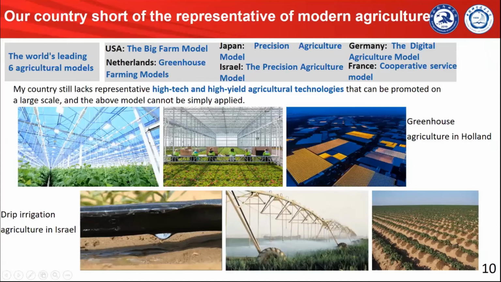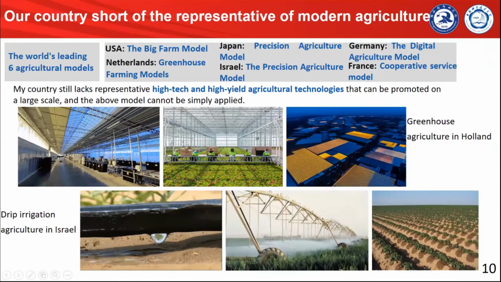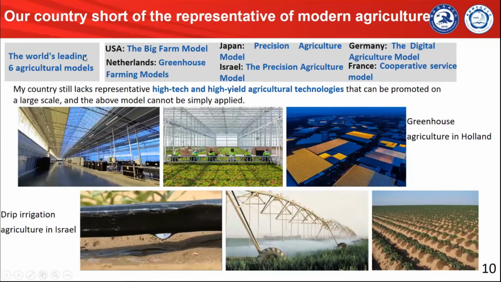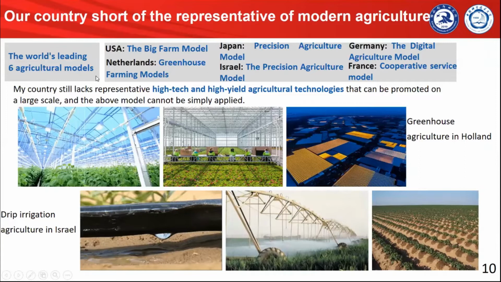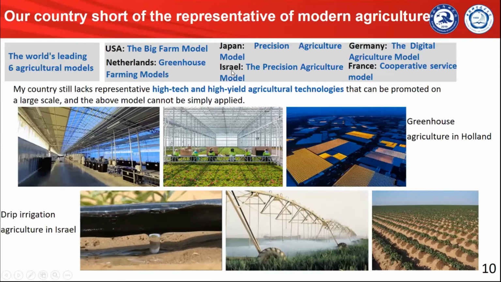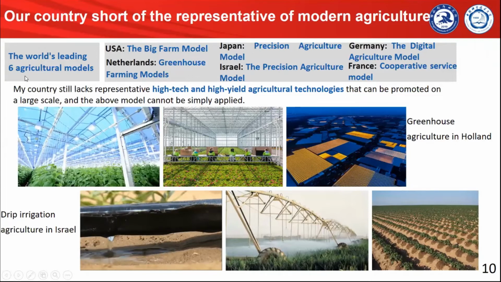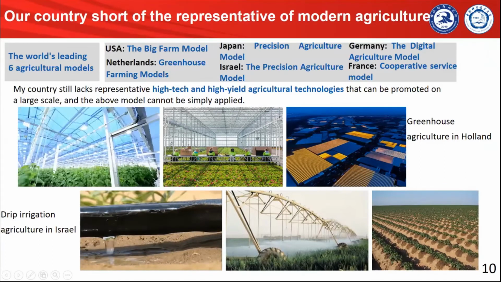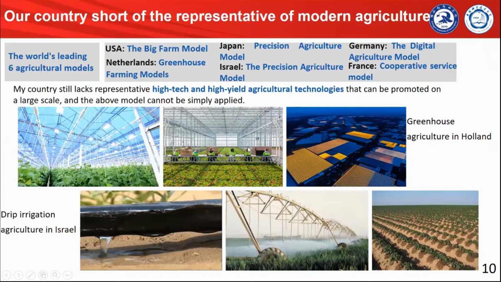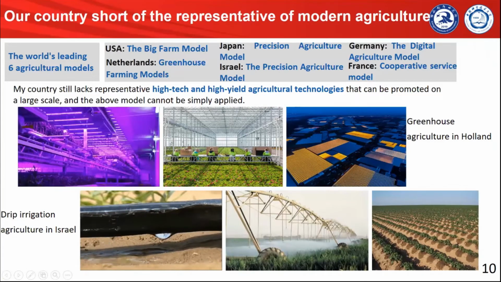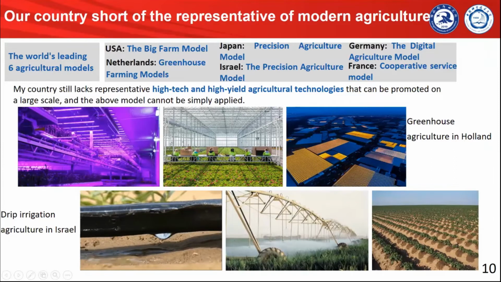In China, the government and we try to learn the world-leading agricultural modes from the US, the Netherlands, Japan, and Israel. There are six agricultural modes, and we try to learn those advanced modes in China.